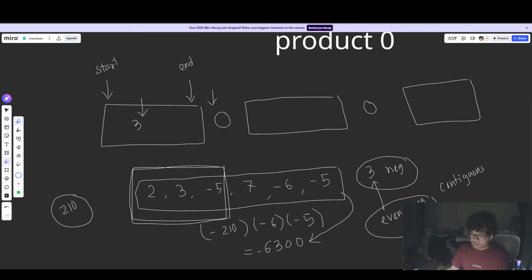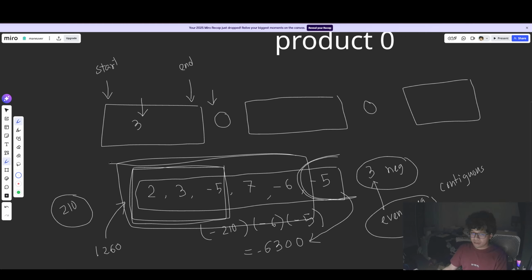And if we get rid of just the last -5, the total product becomes 1260. So from this subsection, the maximum product is 1260. How did we form this? It is formed by 2 times 3 times -5 times 7 times -6. This portion is the candidate from this subsection.